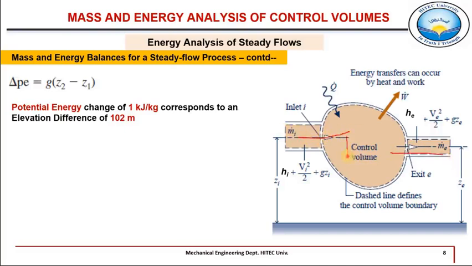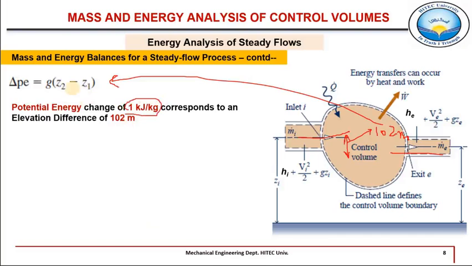If for example this change in height from inlet to outlet is 102 meters, it's not a small change in height, it is a significant change, 100 meters from inlet to outlet. This change in height will result in a change in energy of only, again, 1 kilojoules per kilogram.